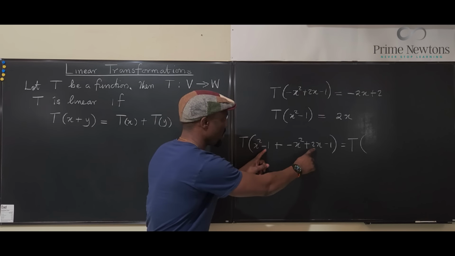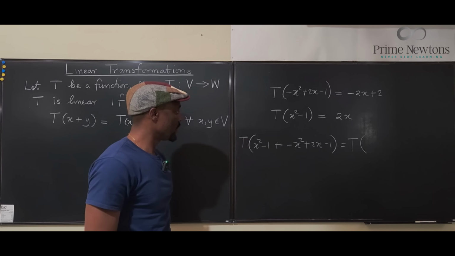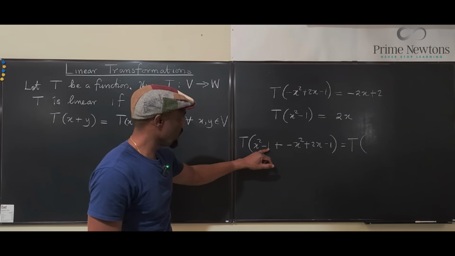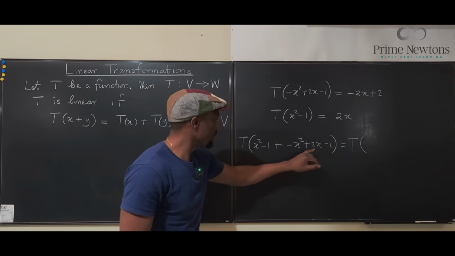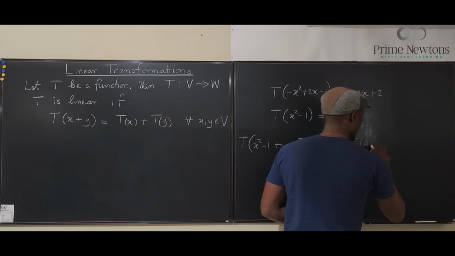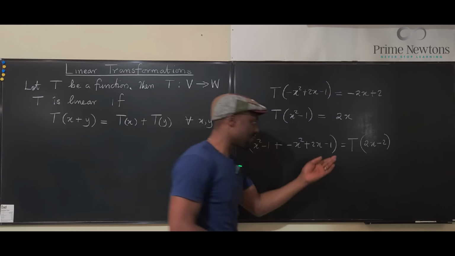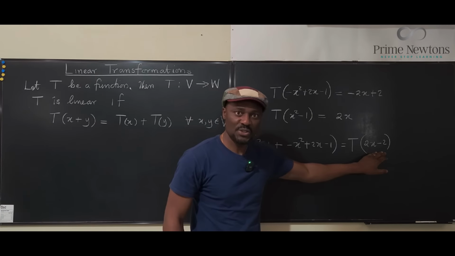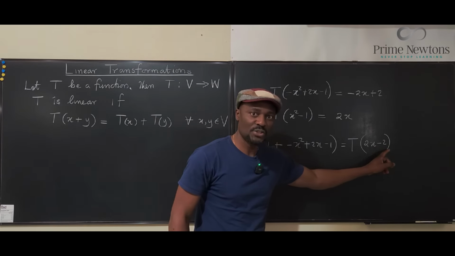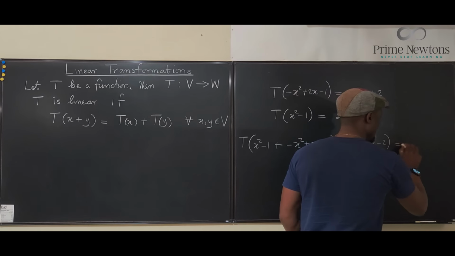Now I have minus 1, minus 1, which gives minus 2, and I have just 2x. So I have 2x minus 2. After simplifying, this is what I need to differentiate. Now if I differentiate 2x minus 2, what do I get? My answer is just 2.